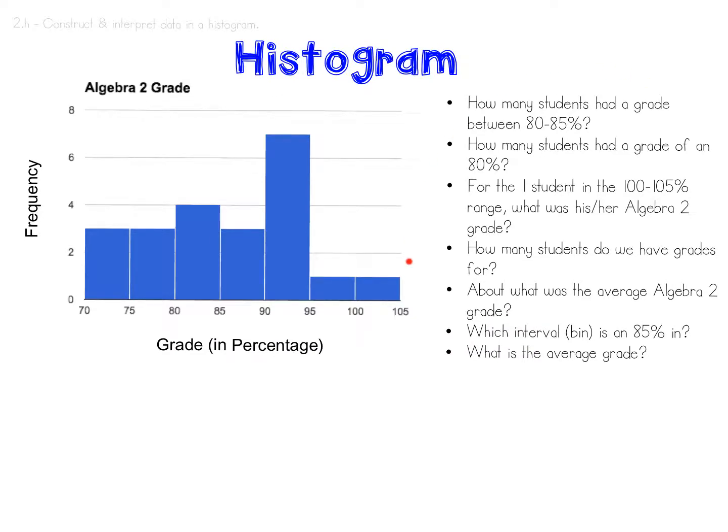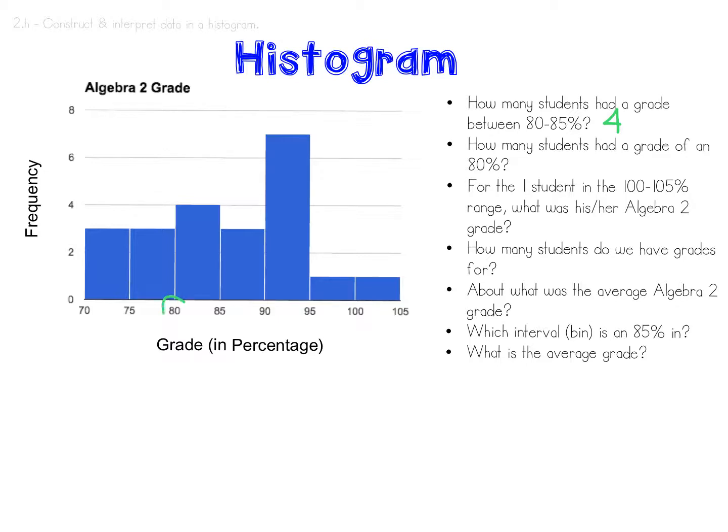So at the beginning of this lesson, I asked you a bunch of questions, and I want to talk through those questions now and see if we can answer them. All right, so the first question, how many students had a grade between an 80 and an 85? So when I look at this histogram, an 80 to an 85 is right here, and so right there when I look at it, I see that there are 4. The next question, how many students had a grade of 80? So the drawback of a histogram is that I can't tell precise values and how many fell in that exact spot.